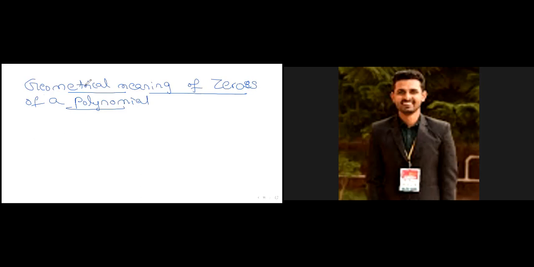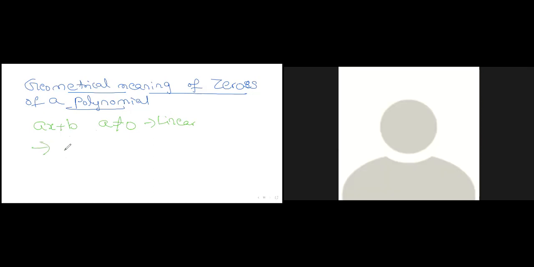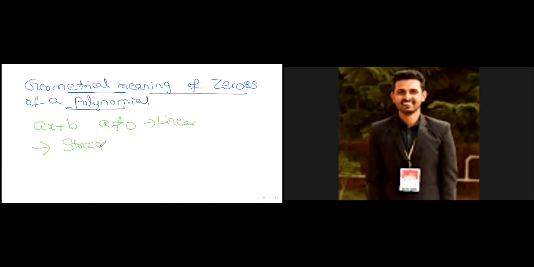let us consider a linear polynomial. A linear polynomial is of the form ax plus b, where a is not equal to 0. And remember this, in a linear polynomial, when you insert different values and plot them, you will always get a straight line.